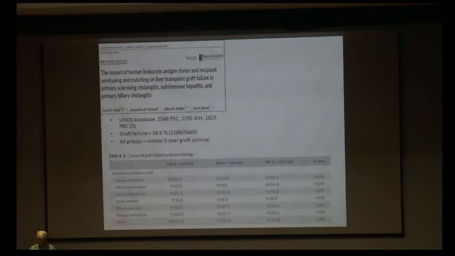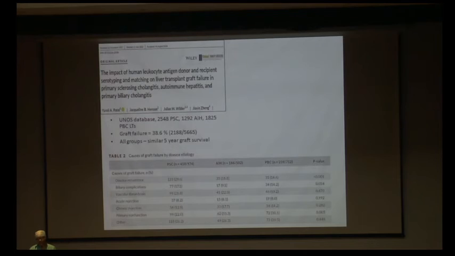So this was one of the UNOS database analyses where the impact of human leukocyte antigen donor and recipient serotyping and matching on liver transplant graft failure was seen. They have taken only patients who had autoimmune liver disease like primary sclerosing cholangitis, autoimmune hepatitis, and primary biliary cholangitis.